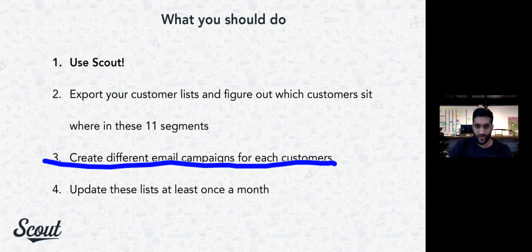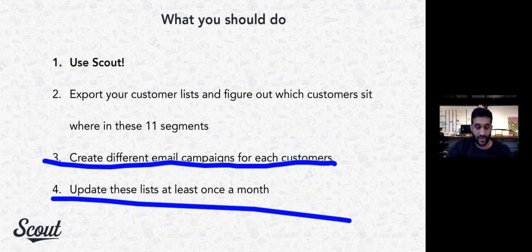So you can use these email systems to do that, and keep updating your segments, your Excel file of customers in each segment, and then upload every month to your email campaign manager, so that all your lists are always updated.